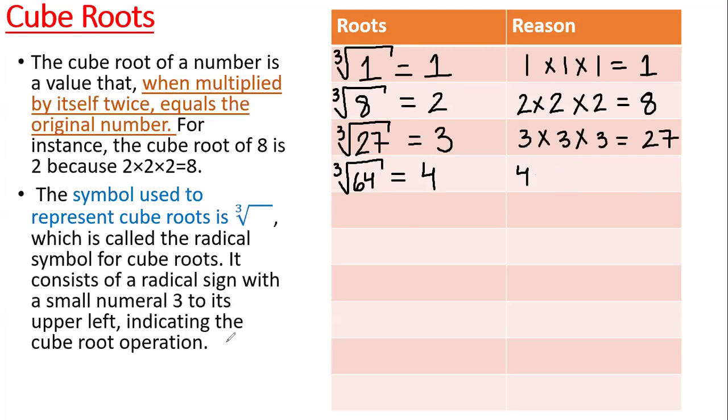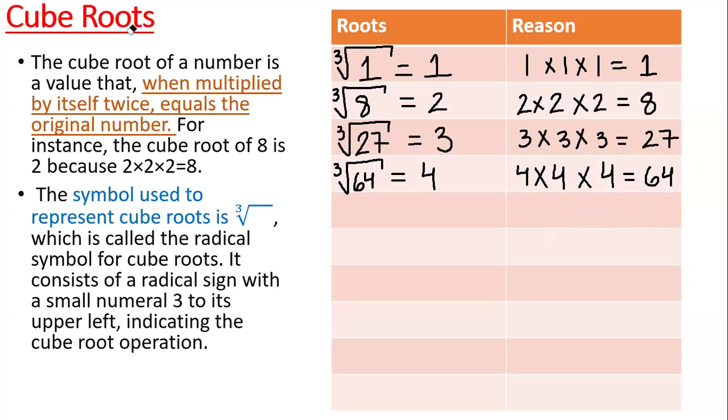That makes sense, because 4 times 4 is 16, right? And we bring down this 4, and that gives us 16 times 4, which is 64. Very good.